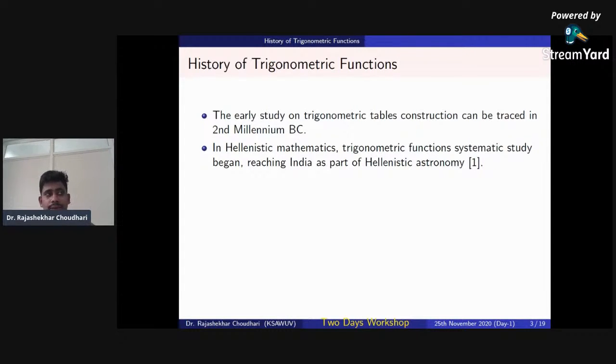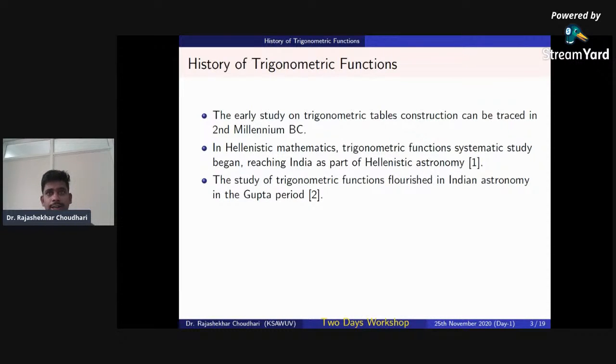During the Hellenistic period, the construction of trigonometric tables started reaching India as a part of Hellenistic astronomy. In India, the construction of trigonometric functions took its place during the Gupta period because of the contribution of Aryabhatta, who constructed a sine table during that time.